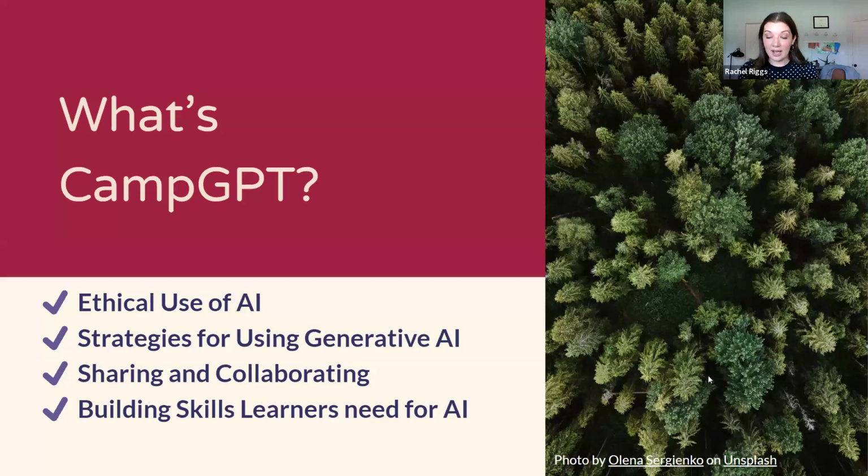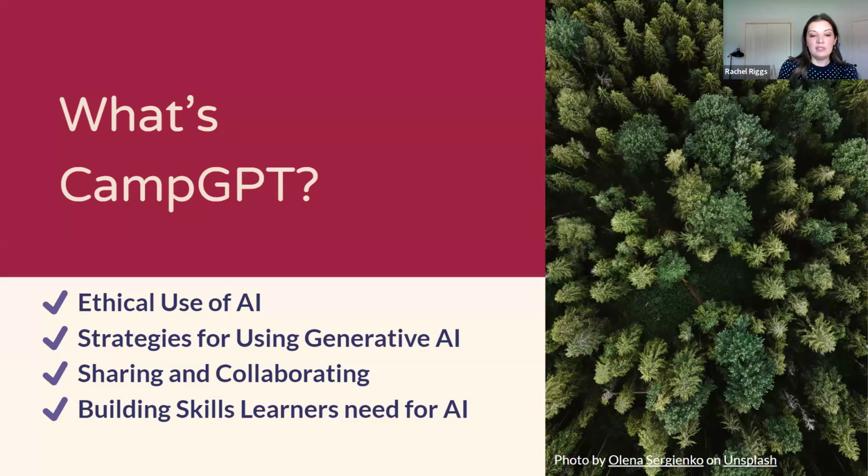So we know now kind of what AI is, what generative AI is, why it's important to us as educators, where it overlaps with our occupations, and that it has some potential, specifically within our field of adult education, to solve problems and help us out.